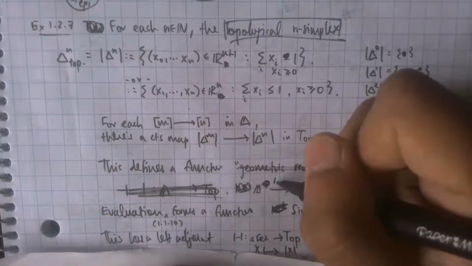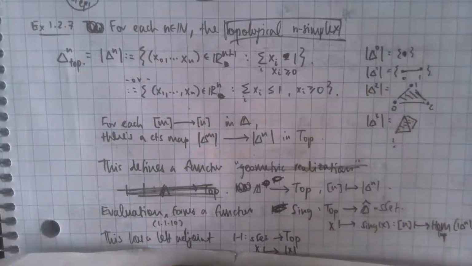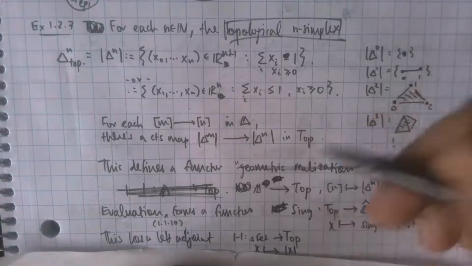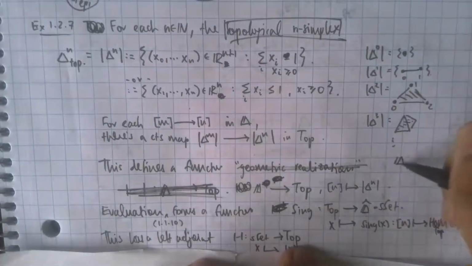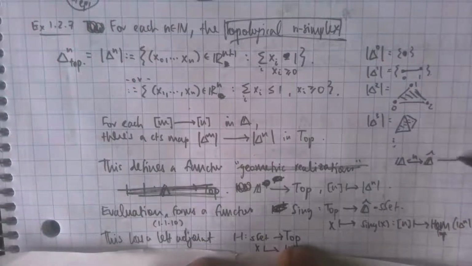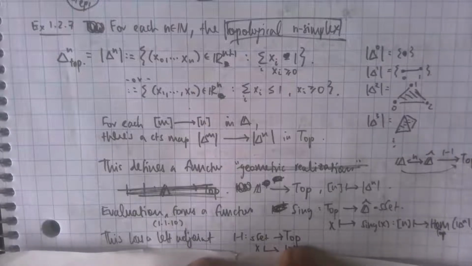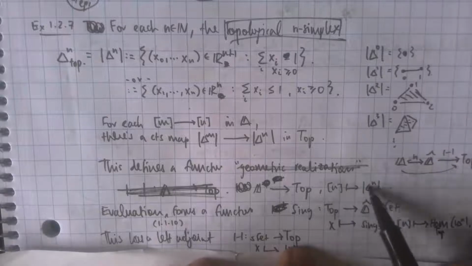So geometric realization goes from delta, by Yoneda embedding, to presheaves and then to topological spaces. So we'll call this the geometric realization functor, and this the functor that sends n to its topological simplex.